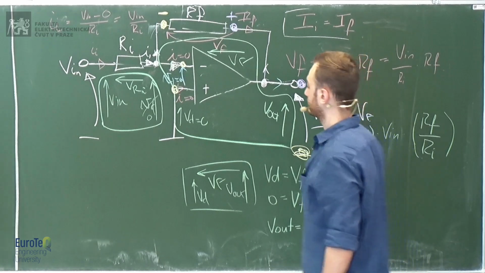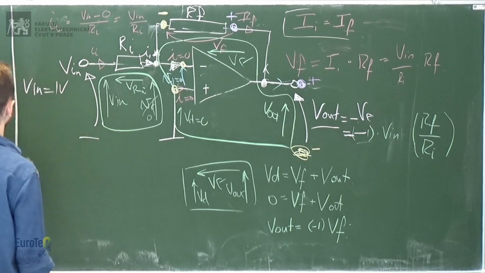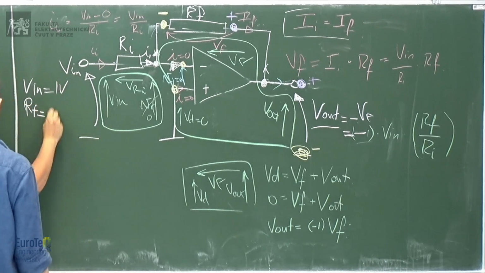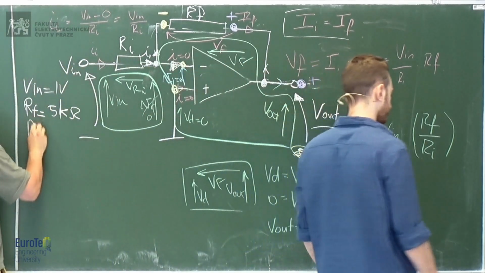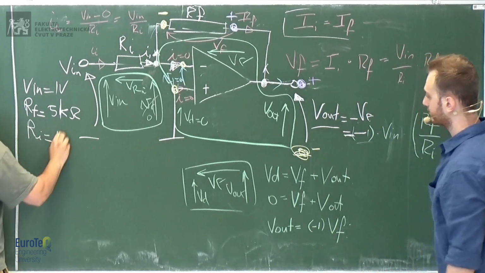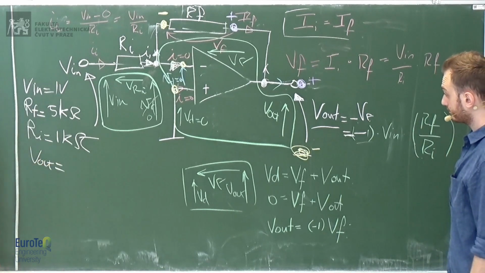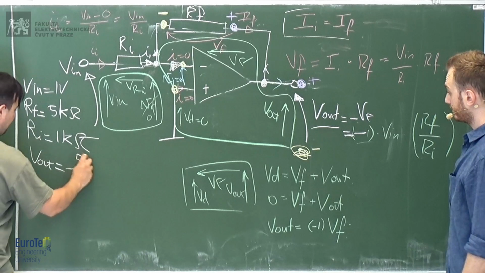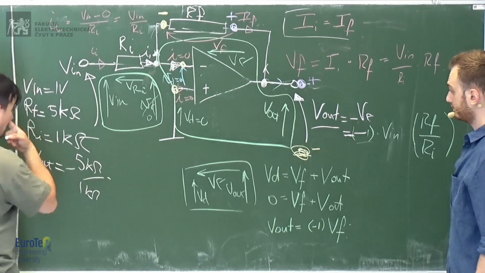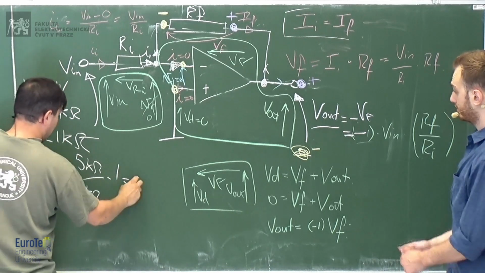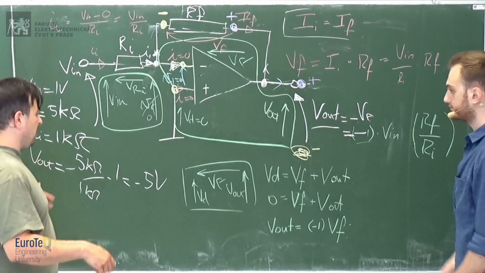So for instance, you put an input voltage of 1 volt, the feedback resistor will be 5 kilo ohms, the input resistance will be 1 kilo ohm, the output will be negative 5 kilo ohms divided by 1 kilo ohm. Negative 5 volts. 5 times 1 volt is negative 5 volts. Okay? Again, the principle is the same.